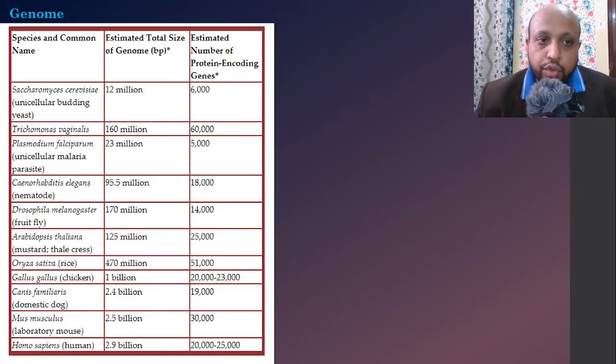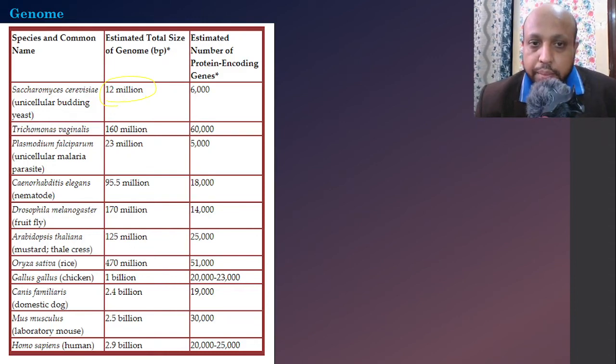Now, if you see in this table, Saccharomyces cerevisiae has a genome size of 12 million bases, and the gene count is 6,000. If you go to other examples in increasing order, the malarial parasite Plasmodium has 23 million bases and roughly 5,000 genes.